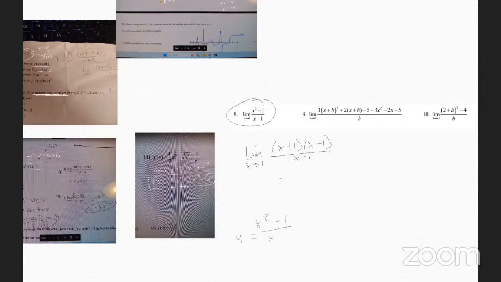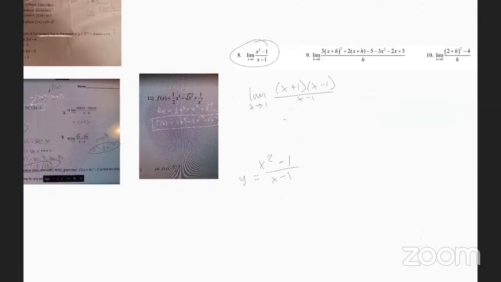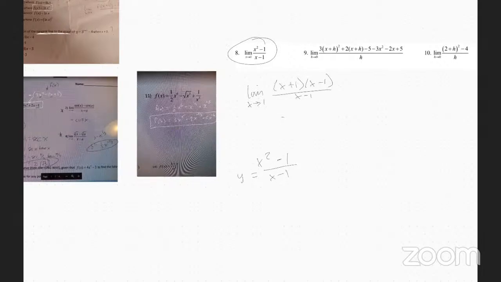And so it maybe has asymptotes or holes, you remember doing that before? And what you would do to find those is you would factor first. And if you can cancel something, which you can in this case, you can cancel the x minus 1 on the top and bottom.